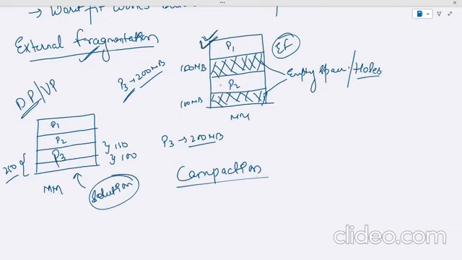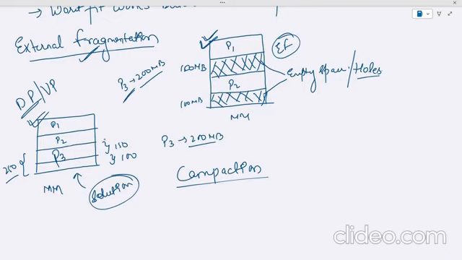This is also known as the compression problem, and the solution is moving the occupied space and unoccupied space side by side. I hope you understand external fragmentation, the compression problem, and its solution as well.